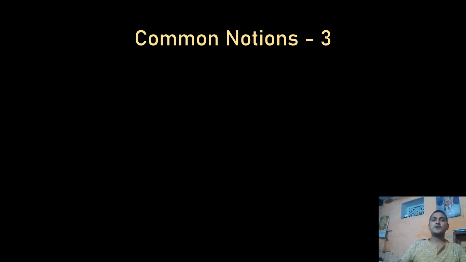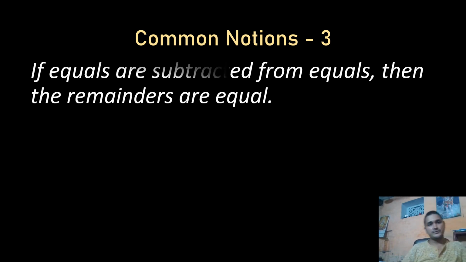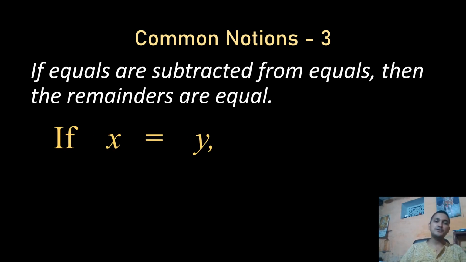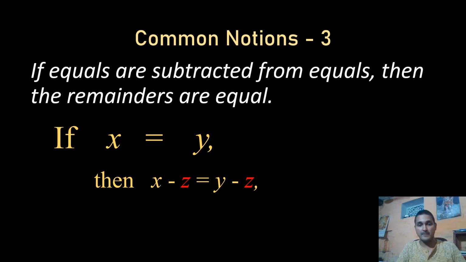Now the third common notion. The third common notion says if equals are subtracted from equals, then the remainders are equal. If we have two equal quantities, let me consider x equals y, and z is another quantity, then I can subtract z from x and from y, and the remainders after subtracting will be equal to one another.